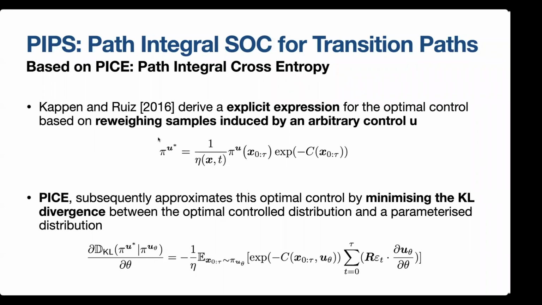Another question is, is this model transferable, or is it trained for one protein only? At the moment it's trained for only one molecule. So we trained one policy for alanine dipeptide, one policy for Chignolin. Extending it to be transferable between multiple systems is definitely something that's on the horizon.